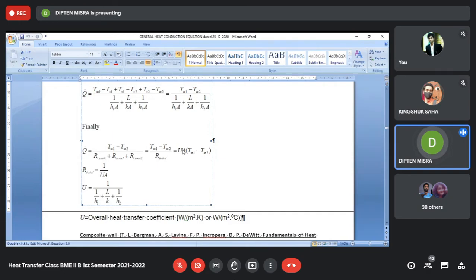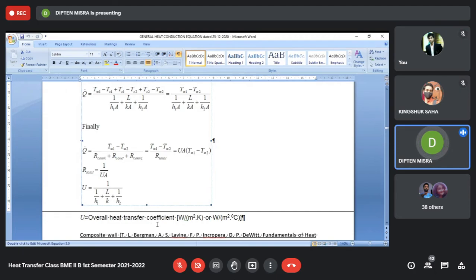And people in the air conditioning industry, under different situations and different constructions of the wall, considering the material of the wall, find the values of U in a handbook. From there they take the value of U to calculate the heat loss, which they call the heat load, which is to be taken care of by the refrigerating machine or heat pump.